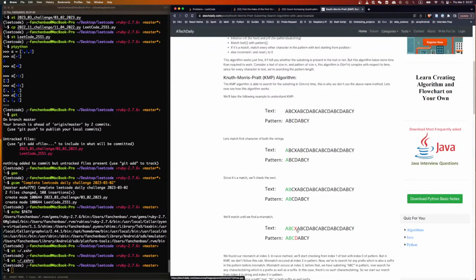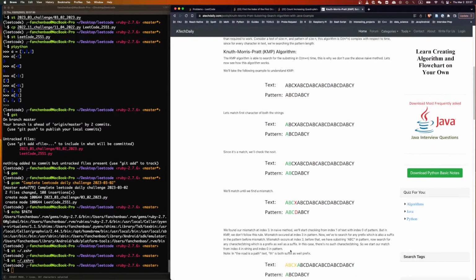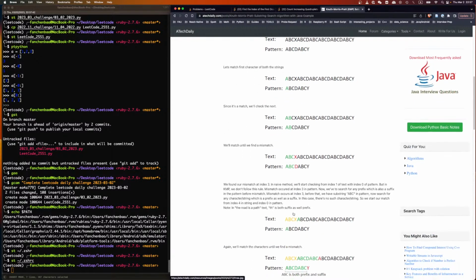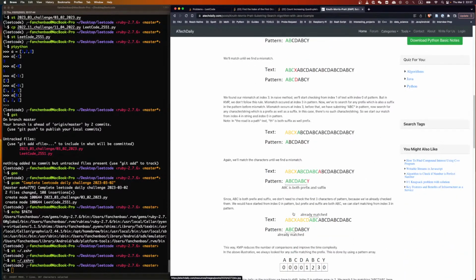So now we have this as a mismatch. We know these match, right? Therefore, if this is a suffix, yes, this is a suffix, and if the suffix matches the front, how do we tell if it matched the front?